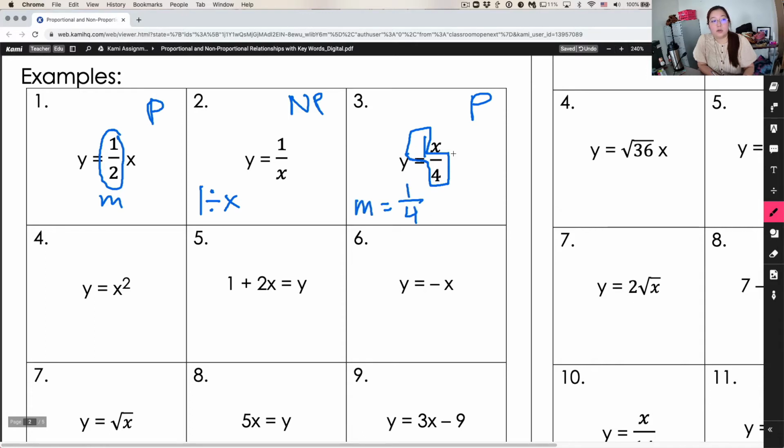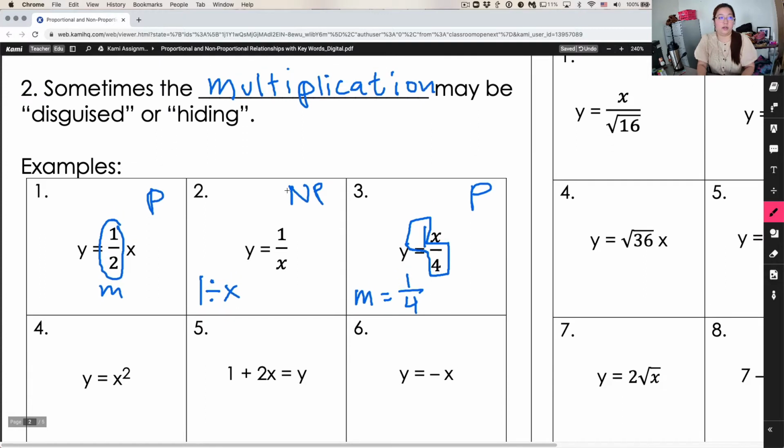So you want to draw this little box to cut x out of the fraction, and what you have left over is m. Now, this only works when x is on the top. You can't do that here. It's not going to work. So let's write up here. X on top is proportional.